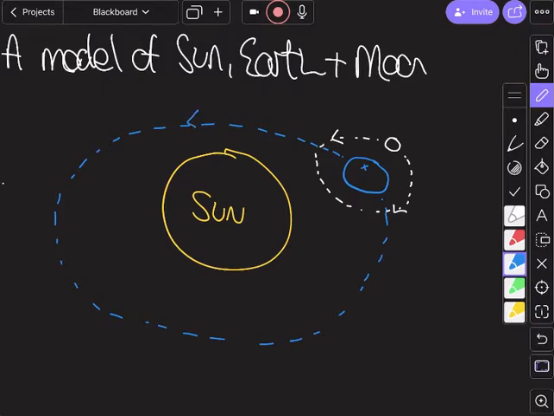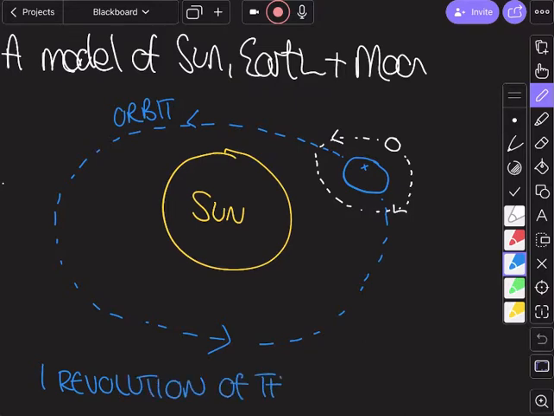And obviously one whole revolution of the earth around the sun is 1 year. So we're calling this an orbit, and we're calling one whole revolution of the earth around the sun, well, that is equal to 1 year.